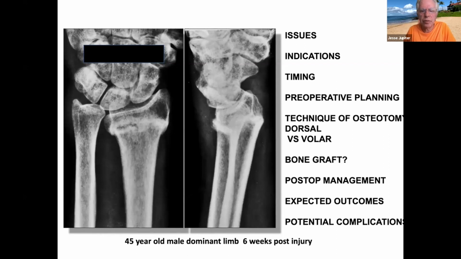Have one quick case here. Harry, 6 weeks post-injury. It's got a major deformity and carpal malalignment. Would you hesitate, all things being fine, the soft tissue being fine, would you wait or would you do an osteotomy now?